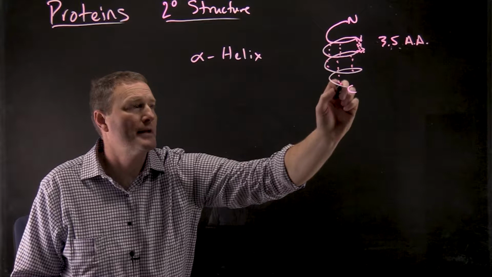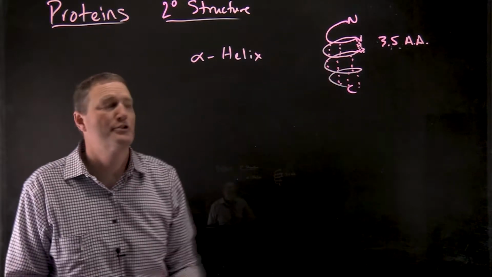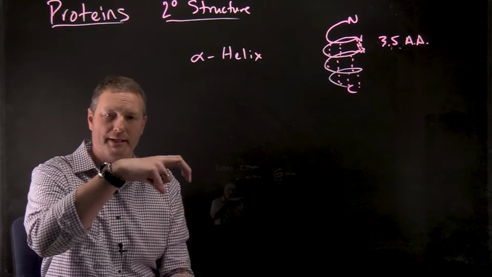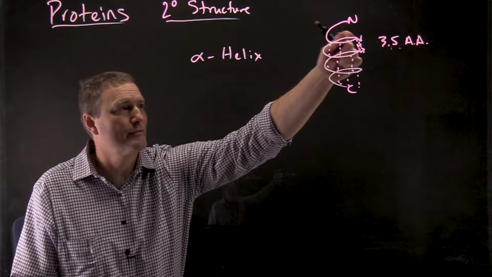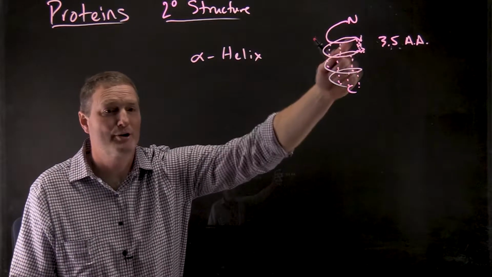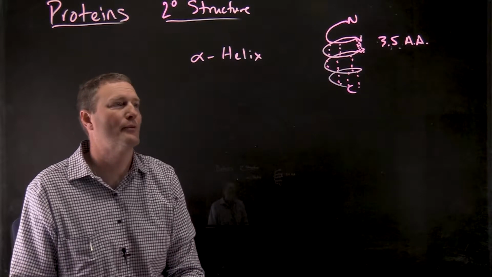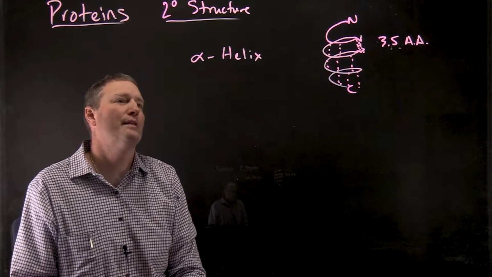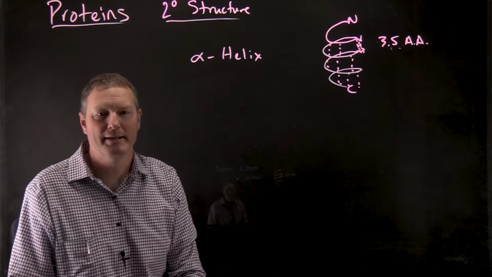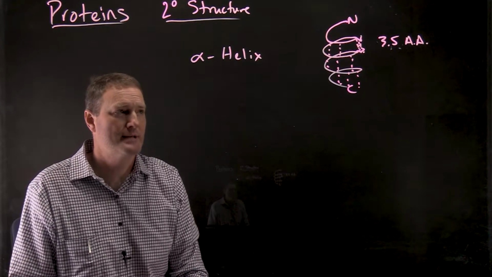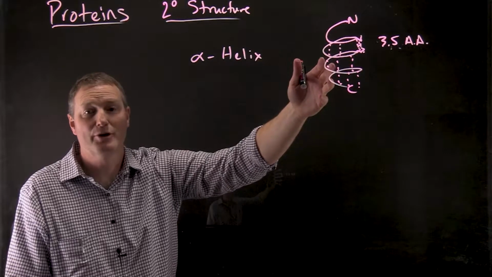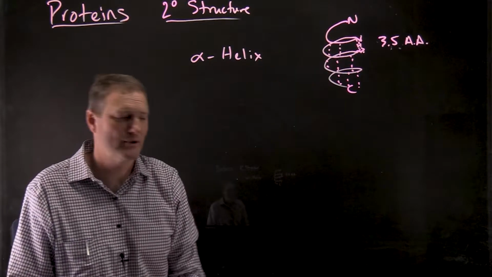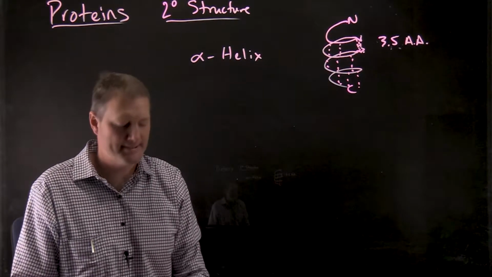So you get multiple hydrogen bonds forming along the spiral staircase of the helix, about 3.5 amino acids per turn. These alpha helices are very common in protein structures, and they form between these hydrogen bonds within the same molecule.